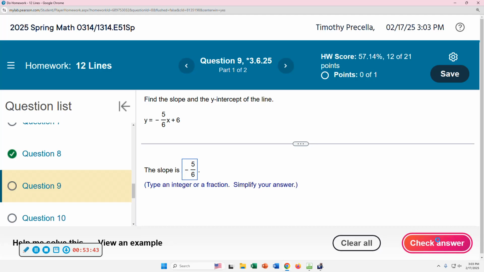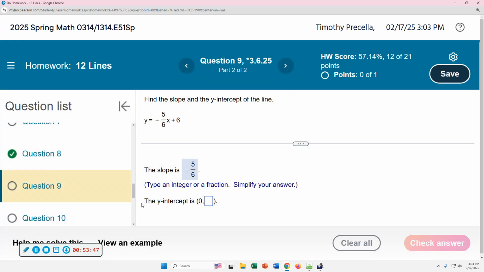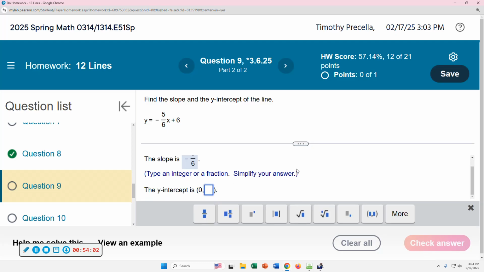Okay. Check it. Now here's the tricky part. Look at this one. The first one helps you out. Look at that. They're making it easy for you, but this is the first one using the slope-intercept form. I bet you it's not going to stay like that.